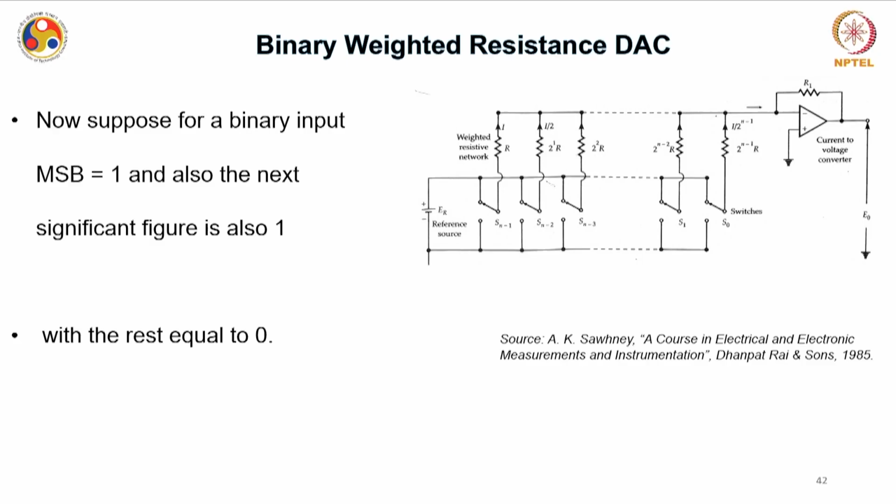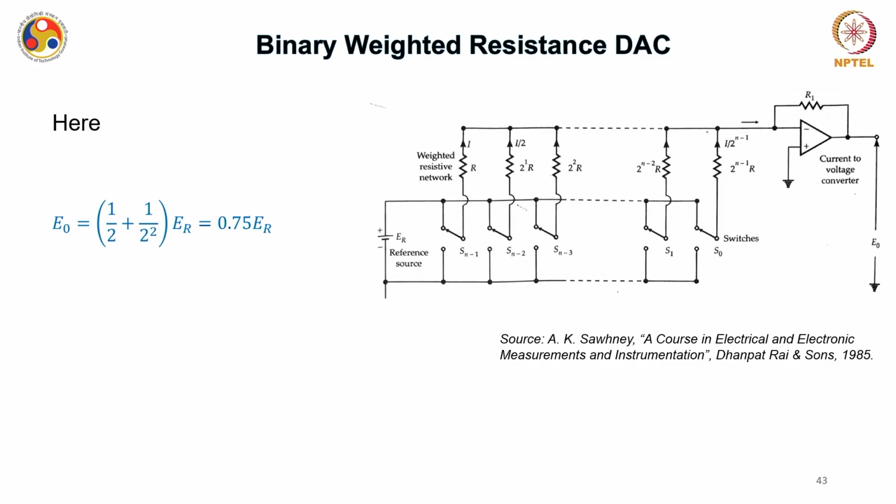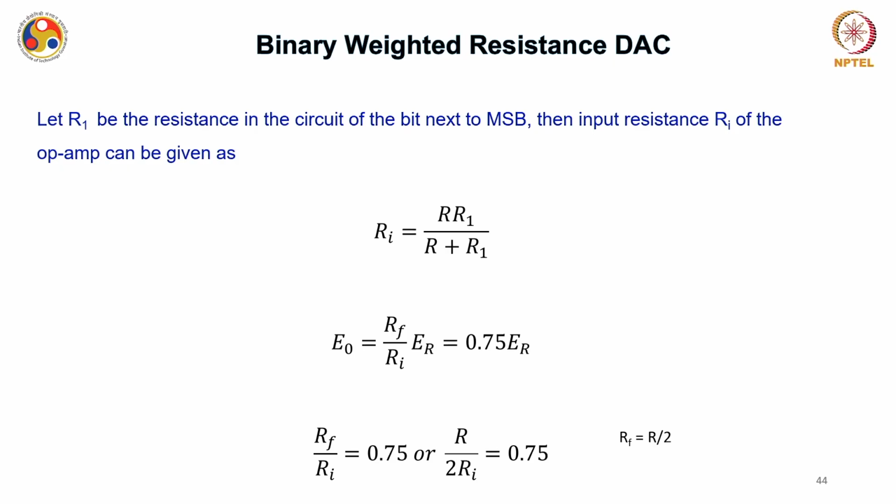Now suppose for a binary input the MSB is 1 and the next significant bit is also 1, and all others are 0. In that case E0 will be equal to (1/2 + 1/2^2) into ER, or say 0.75 ER. Let R1 be the resistance in the circuit of the bit next to the MSB.